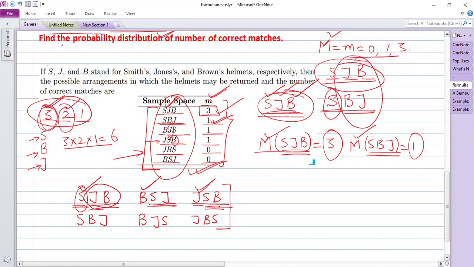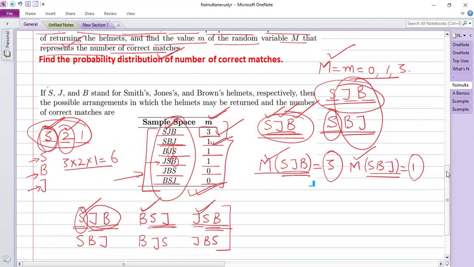Now, we have to find the probability distribution of the number of correct matches. Once again, we have the probability distribution of some certain number of things, and this certain number of things will be our random variable.